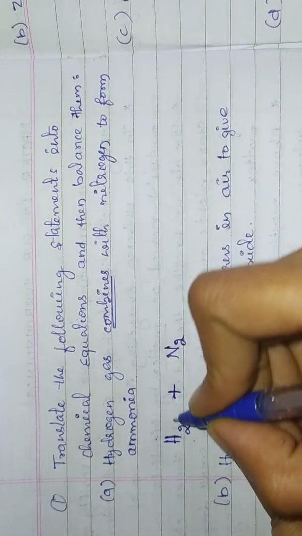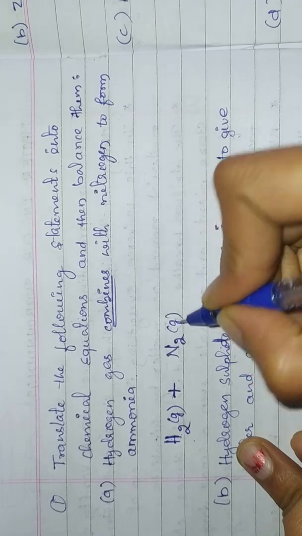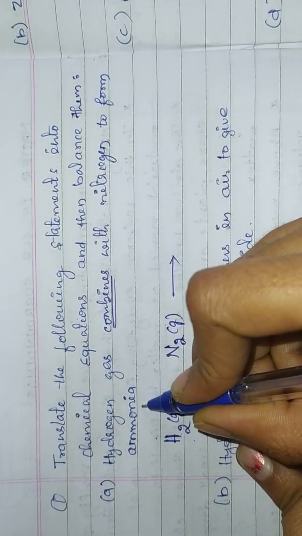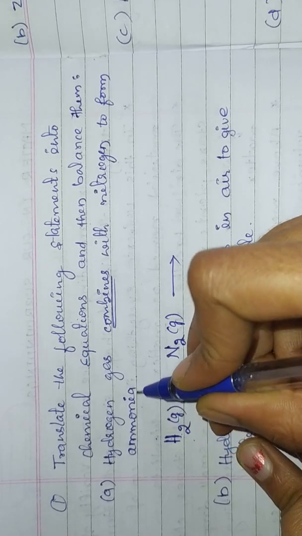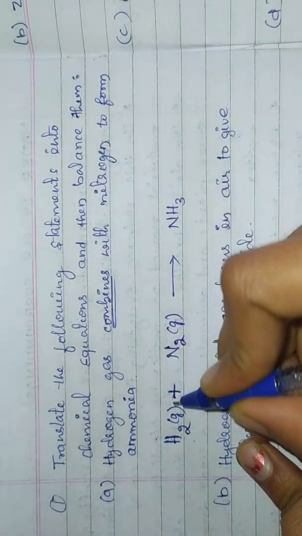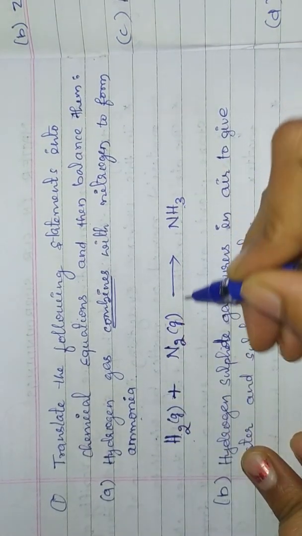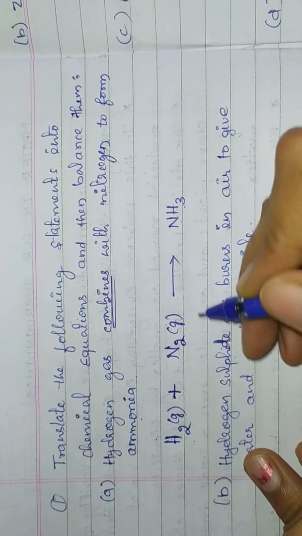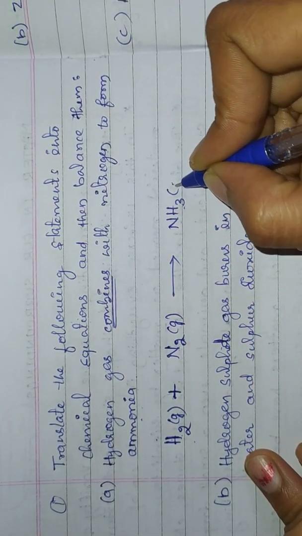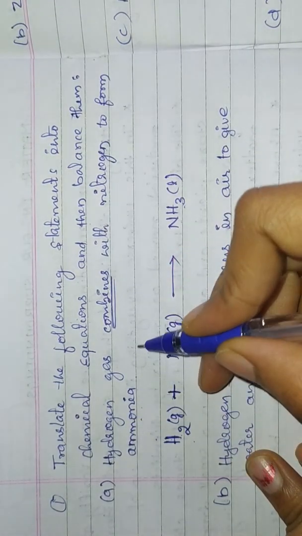Hydrogen gas combines with nitrogen gas to form ammonia. What is the chemical formula of ammonia? That is NH3. Now we have written the chemical equation for this reaction.